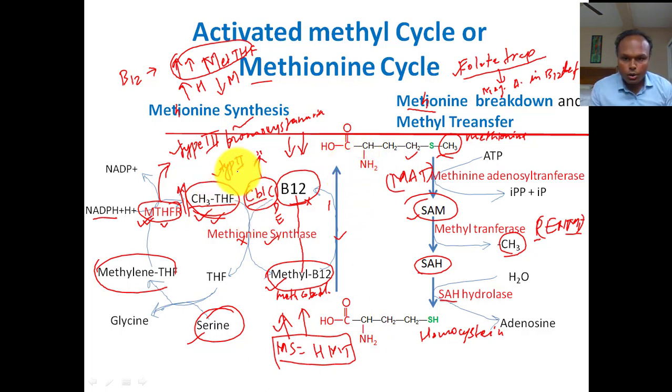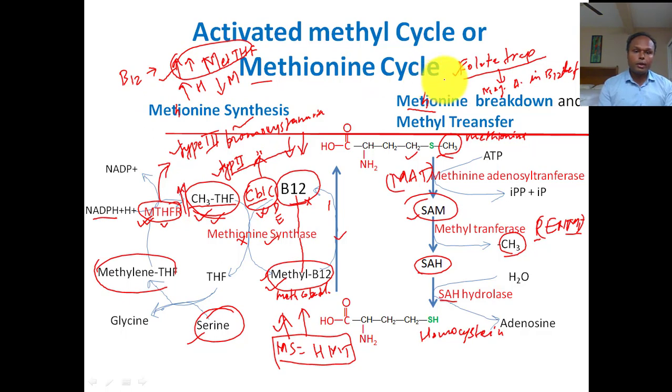Now type 2 homocystinuria is because of a problem in vitamin B12 metabolism. Because of that, methionine synthase will not have its methylcobalamin, and generally the deficiency is cobalamin C protein deficiency. This abnormality in vitamin B12 metabolism will cause type 2 homocystinuria. And type 2 homocystinuria has one additional finding, which is folate trap.